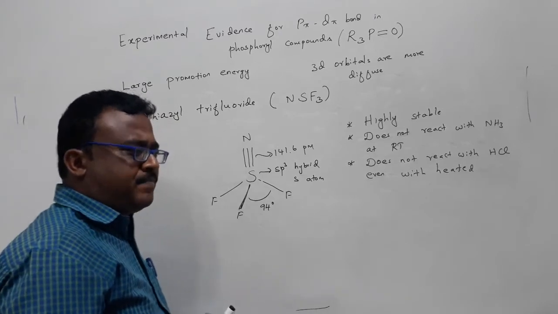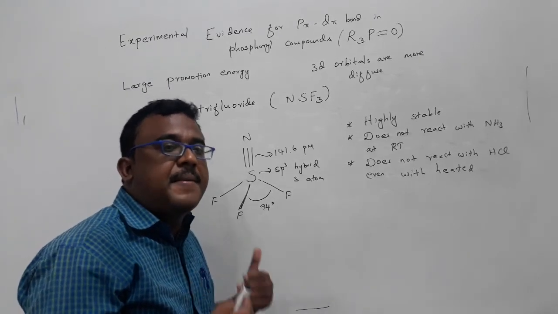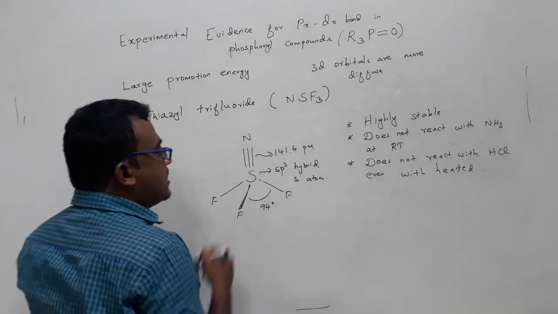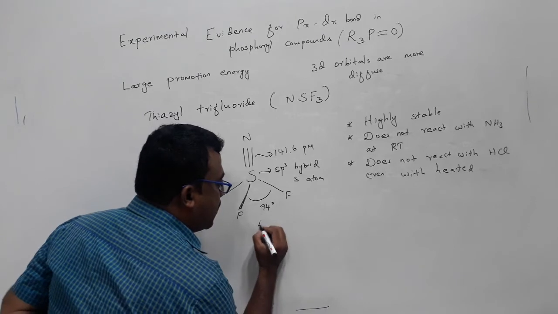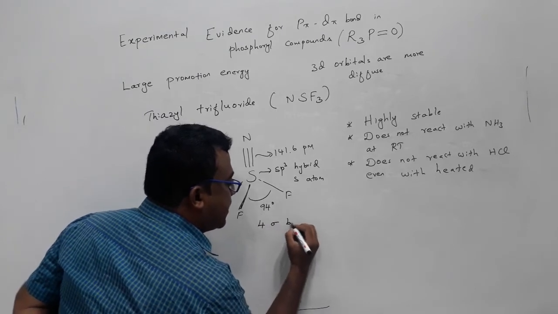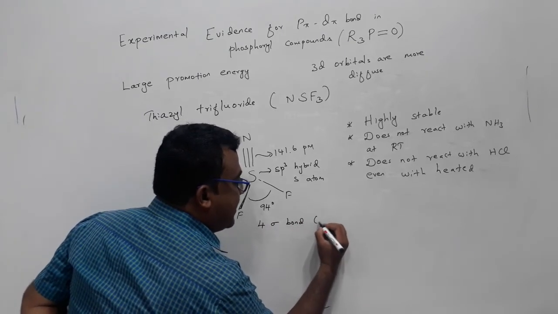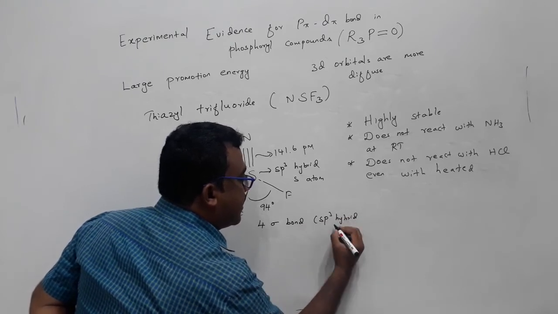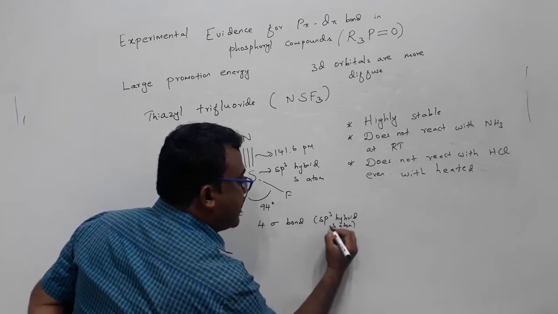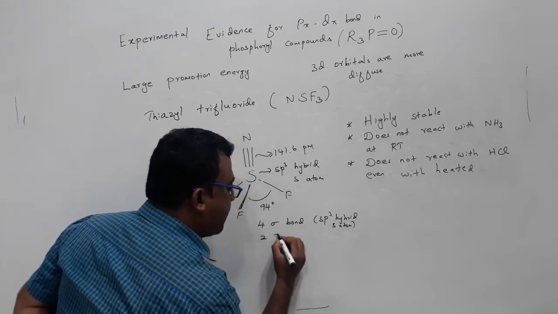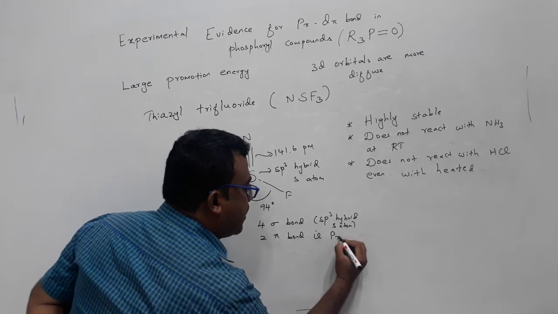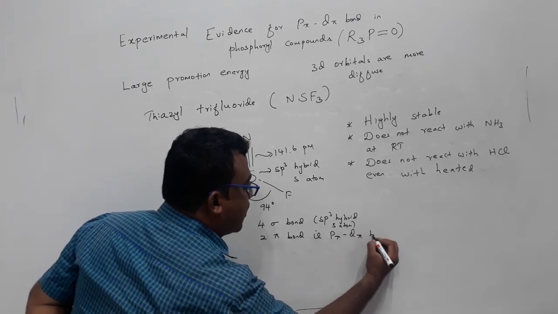This further confirms the possibility of 2p pi d pi bonding between sulfur and nitrogen: 4 sigma bonds from the sp3 hybrid sulfur atom and 2 pi bonds, that is p pi d pi bonds.